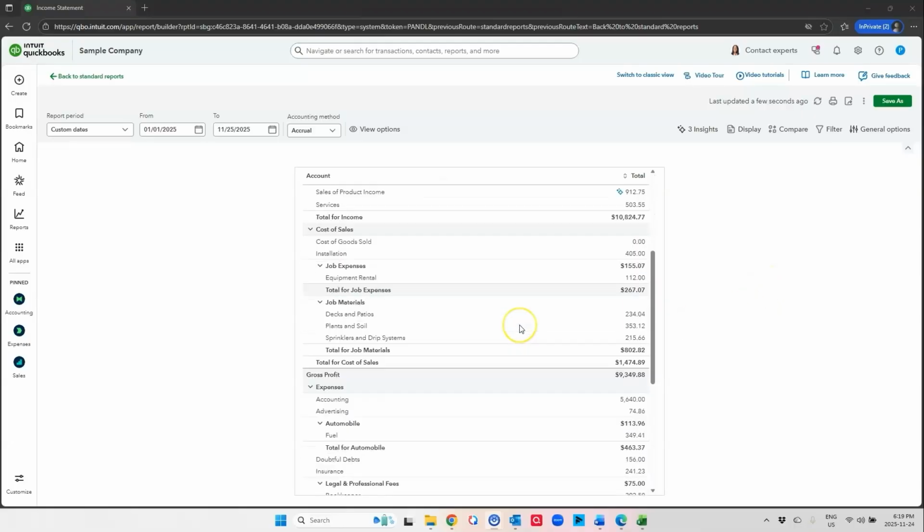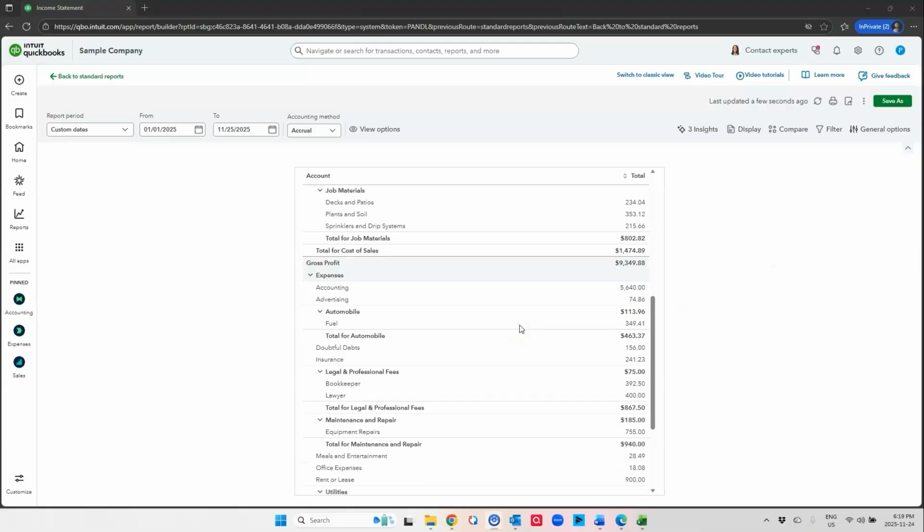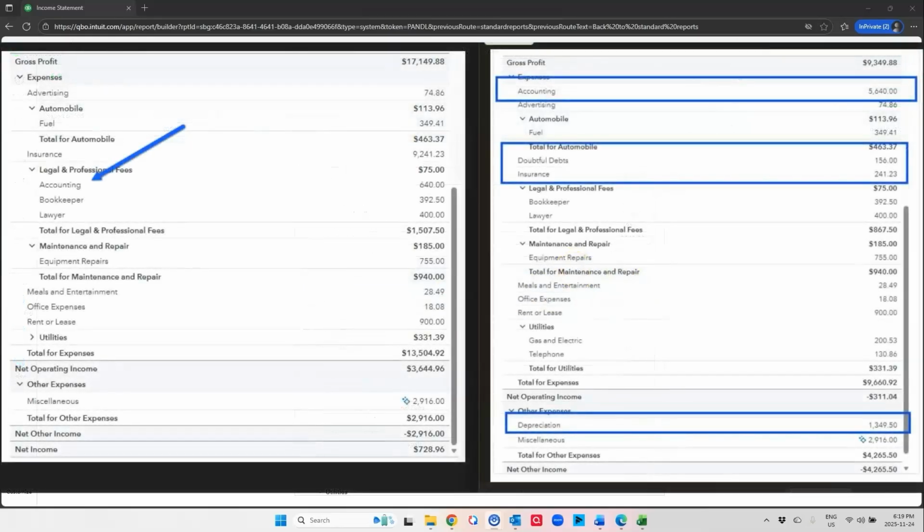Scroll down a little bit further and you'll see that we have accounting, which has been increased by $5,000 because of the accrued expenses. Insurance has been reduced because we pulled that $9,000 out that didn't belong there. Doubtful debts here, 156. That's to represent the fact that we may not receive that money. And here we have our depreciation, of course, for the truck. And those are really the only changes that we made on the income statement.